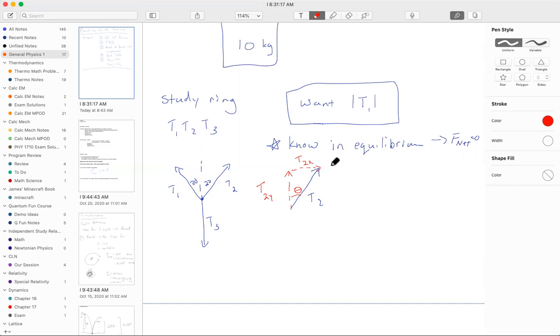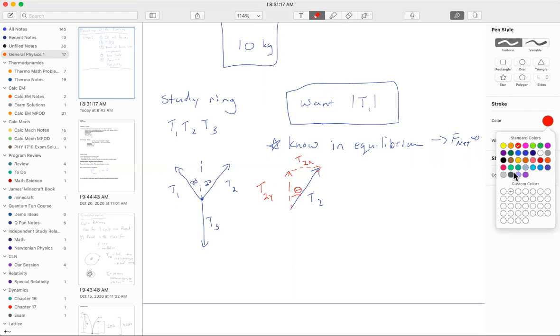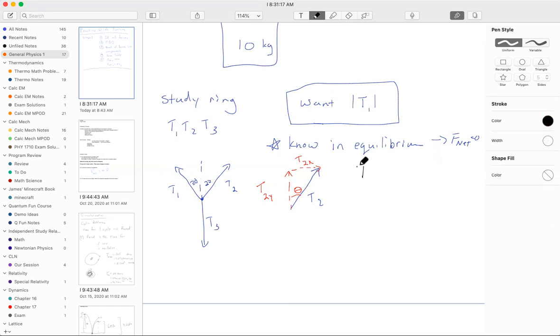I see that the x direction is opposite the angle. So what I have here is that T2x divided by the magnitude of T2, the hypotenuse, is going to be sine theta, which should be 20 degrees.